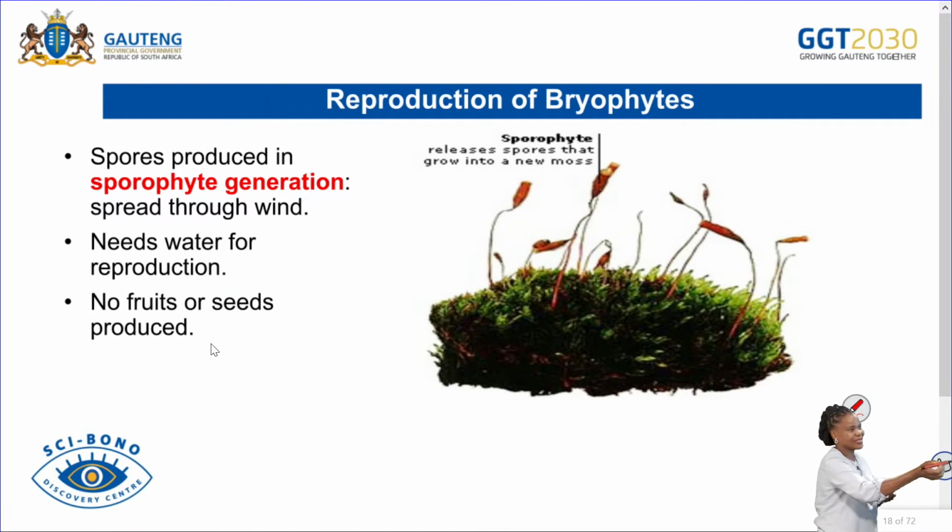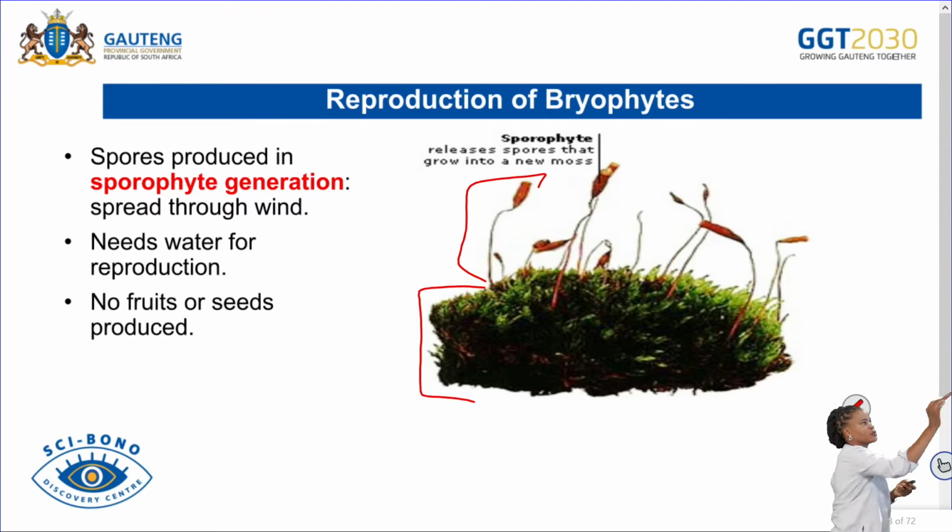This plant shows us nicely the two generations. The first generation is the gametophyte generation, followed by the second generation, which is the sporophyte generation. Now, spores are produced in the sporophyte generation.